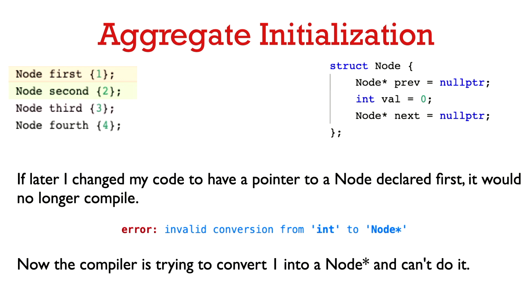For example, if I change the definition of node to also have a previous pointer, and I put this previous pointer first in the struct, then my code would no longer compile. You would get an error here, which says invalid conversion from int to node star, because the compiler is trying to interpret the number 1 as a pointer to a node, and it can't do it.